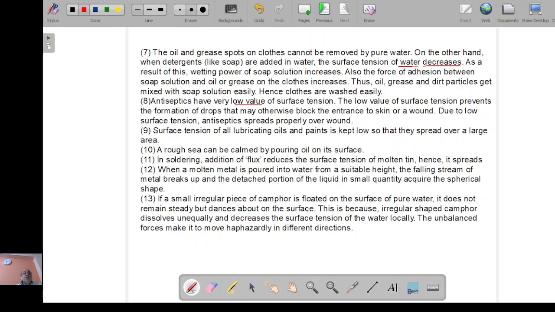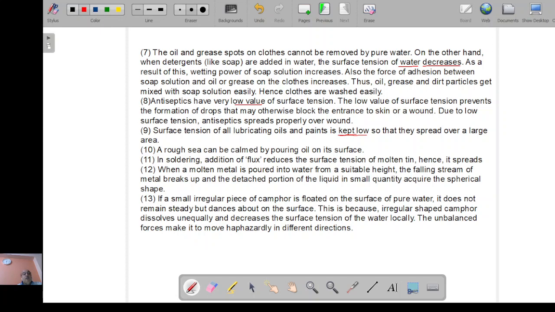Due to low surface tension, antiseptic also spreads properly over the wound. Surface tension of lubricating liquids and paint is also kept low, so that they spread over a large area. Lesser the surface tension, spreading is more.